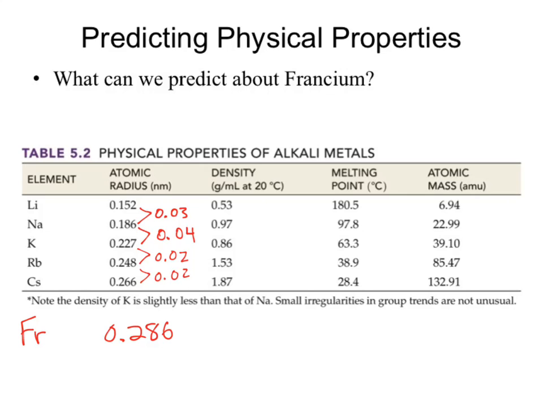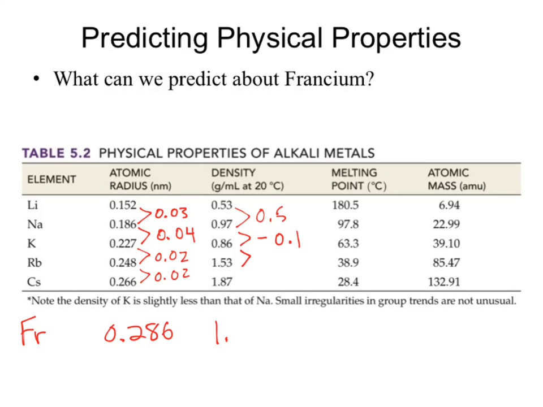How about the density? What happens to the density? Also increases. So what should we predict for the density of francium? Something bigger than 1.87. We could go through and again compare the differences between each of these to come up with some approximation. What are we, 0.5? Oh, that's interesting. That actually went down by what, 0.1?